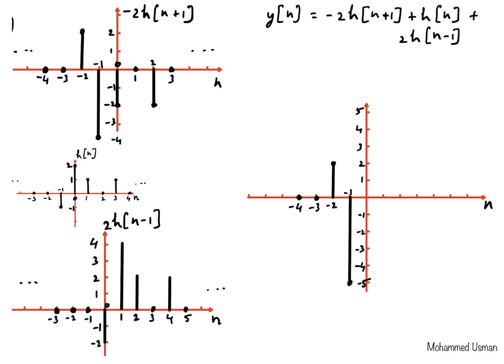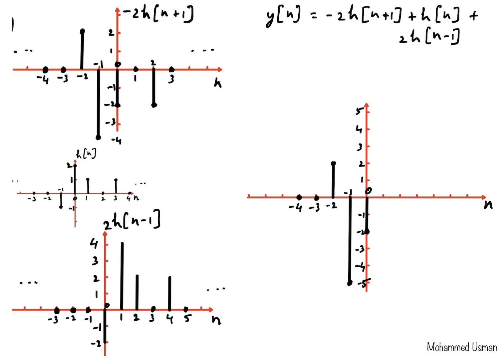So it's minus 2 plus 2 minus 2, which is minus 2. So we'll get an impulse of height minus 2 when n equal to 0. So now we have the output sample at n equal to 0 as well.